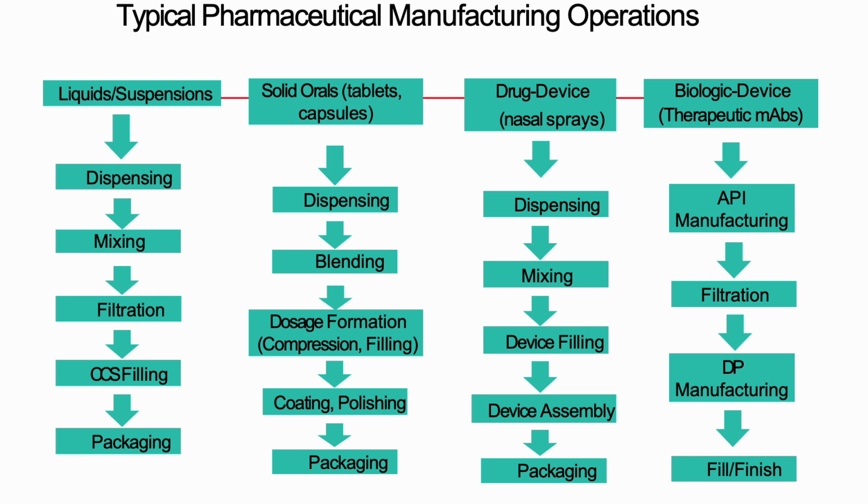If we talk about the drug device like nasal sprays, nebulizers, we talk about dispensing, mixing, device filling, device assembly, packaging, or when we talk about biological or device products, we talk about manufacturing of API, filtration, drug product manufacturing, and filling, and to finish the product. So these are all different manufacturing operations.